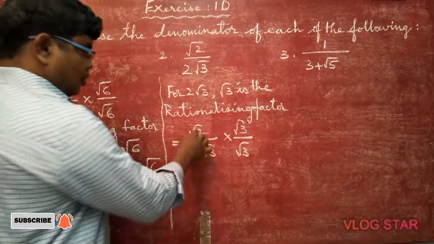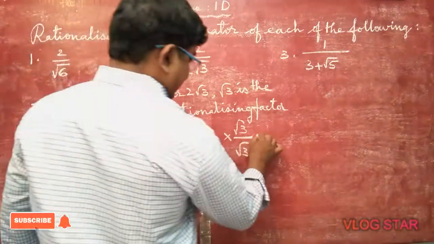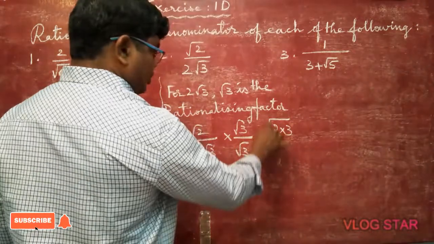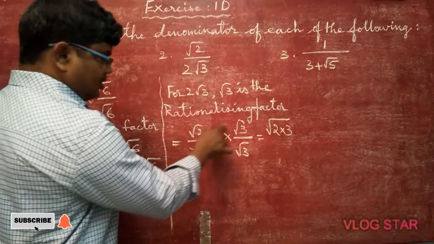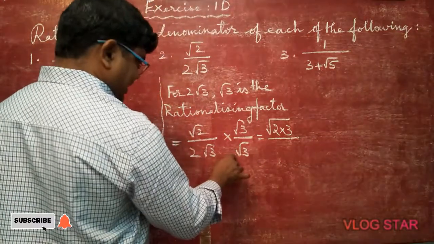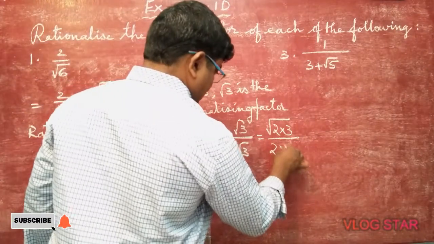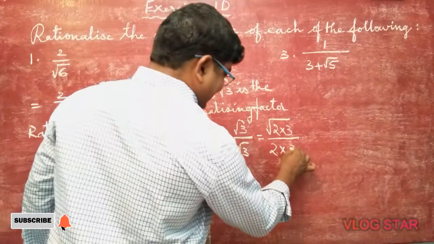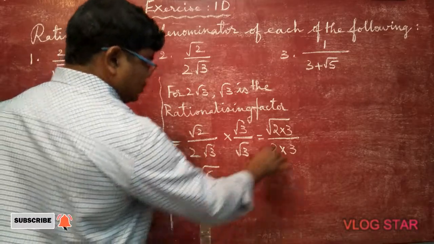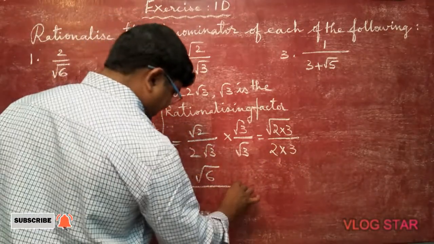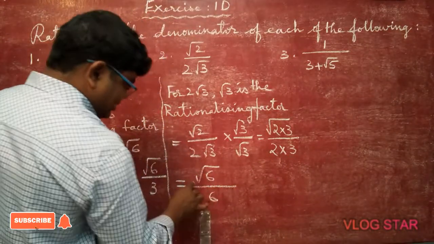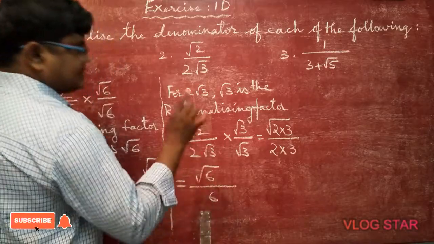Now both are same order, so we can write as square root of 2 into 3. Second order, so square root of 2 into 3. 2 ones are here, nothing is there, means 2 as it is. Root 3 into root 3 is 3. Now simplify. Root 6, 2 threes are 6, divided by 2 into 3, 2 threes are 6. So the answer is root 6 by 6.